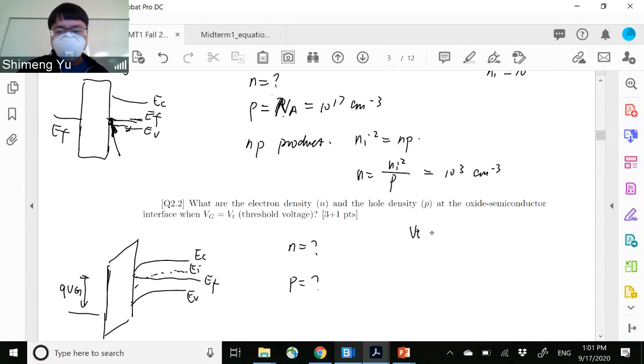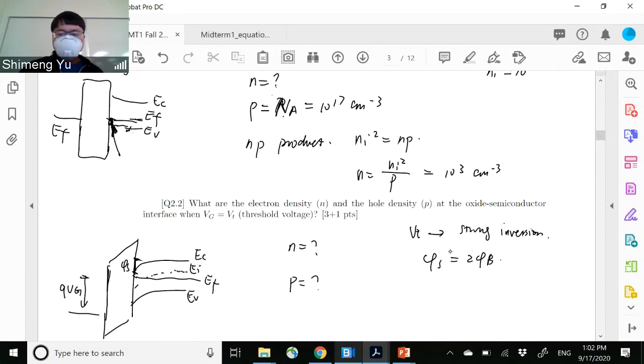So first we say this is a strong inversion, and at this moment, phi s equals 2 phi b. So what is phi s? Phi s is this bending down of the band here at the surface. This is the surface potential, and the surface potential moved down by 2 phi b.